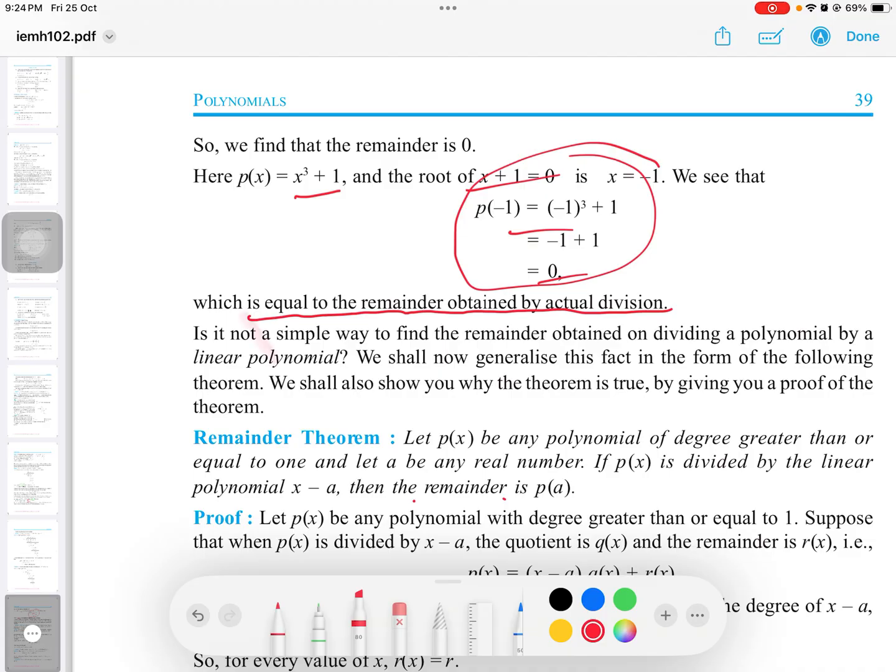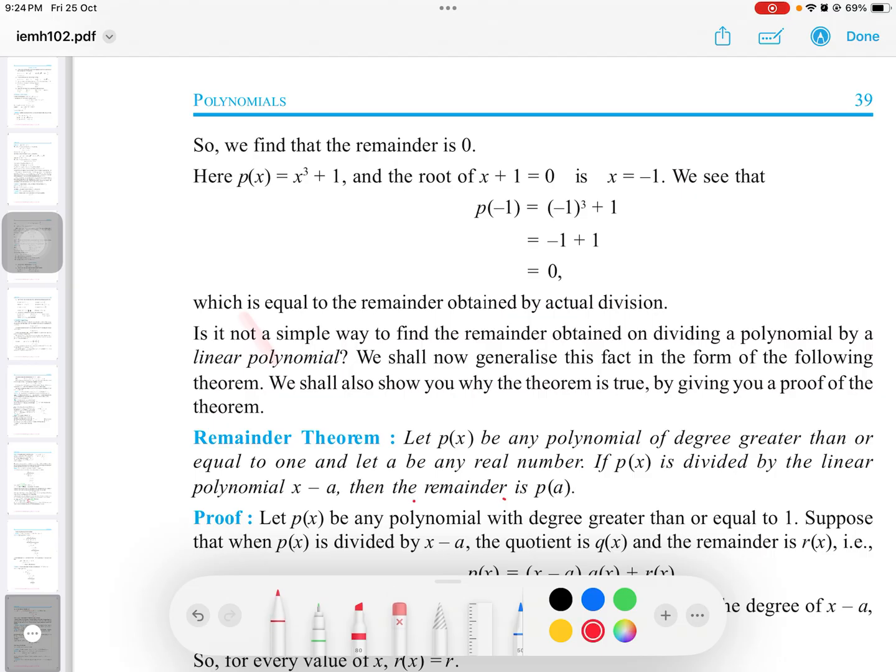Note that you don't have to highlight, but I'm highlighting this so that you clearly understand what I mean. Now is it not simple? Is it not a simple way to find the remainder obtained on dividing a polynomial by a linear polynomial?